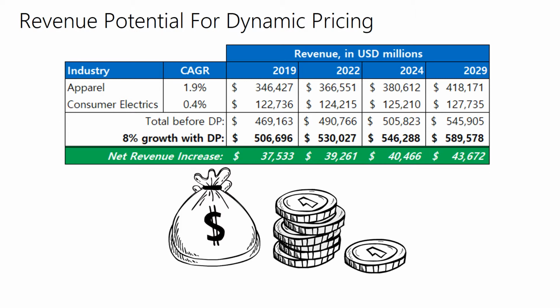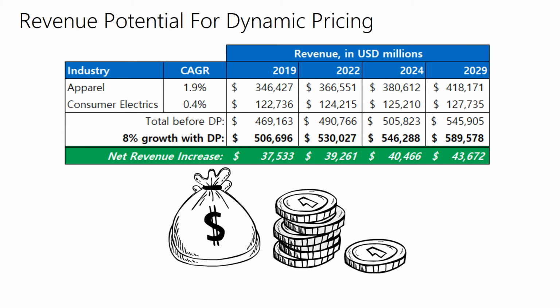So in order to estimate the revenue potential for the next 3, 5, and 10 years, we considered the projected baseline revenue growth for industries that haven't adopted dynamic pricing, like apparel or retail and consumer electronics. We excluded industries that have widespread implementation, such as transportation and travel, since their revenue potential has already been realized.